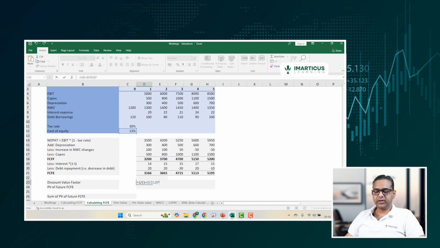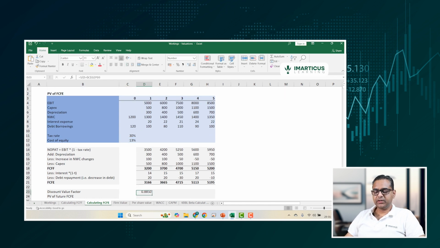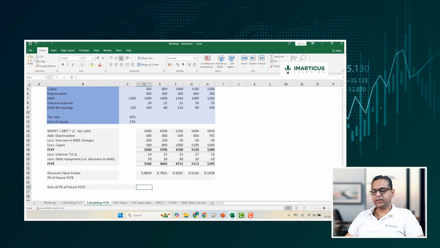And then to calculate the present value, we will multiply the discount value factor with the actual value. This is the PV of future FCFE, and we can find out the sum of PV of future free cash flows to equity. So this is our sum of PV of future FCFE.